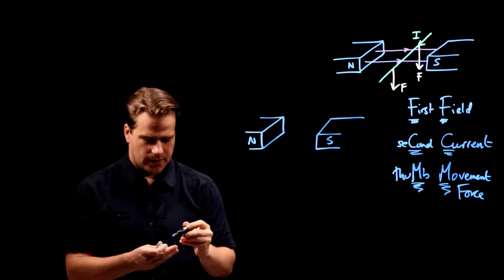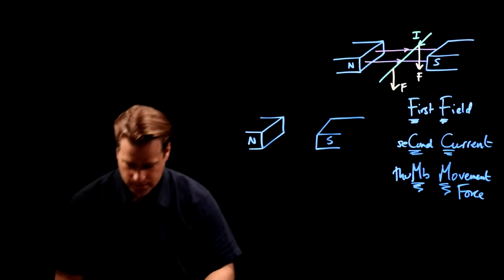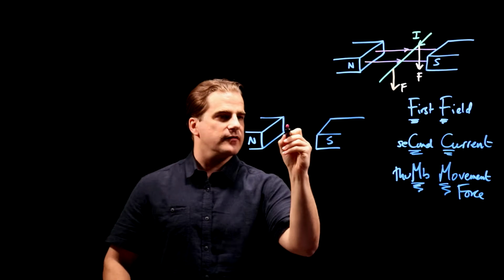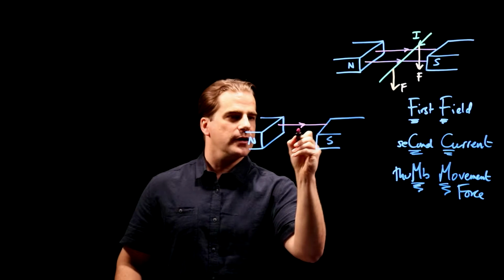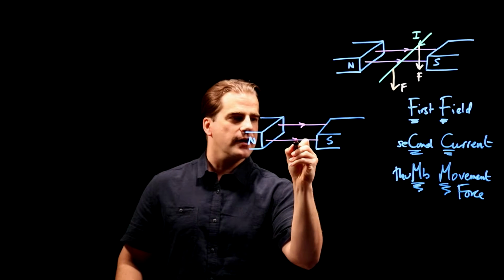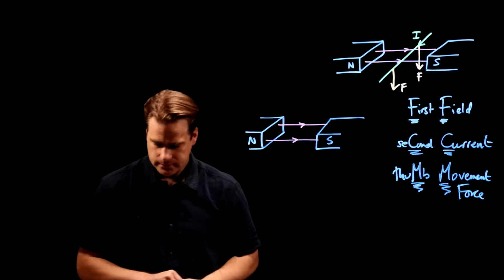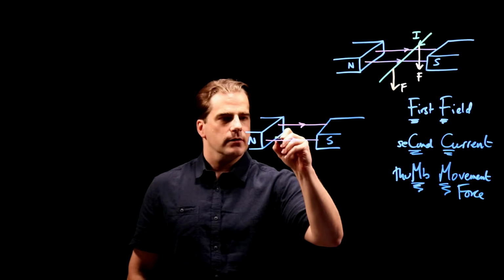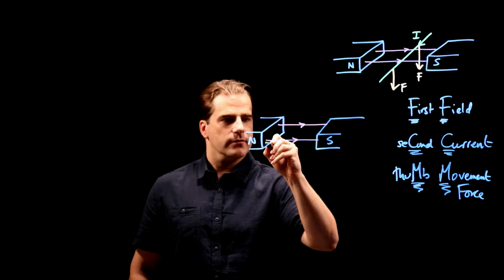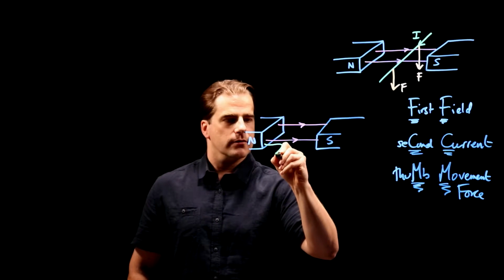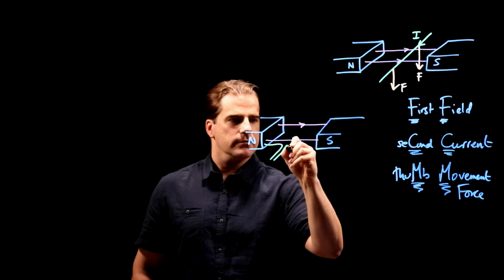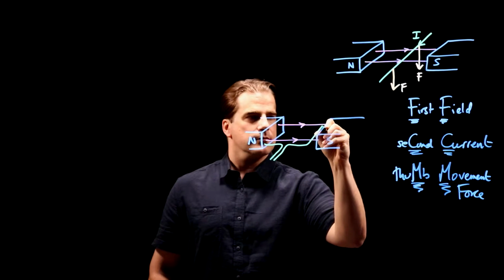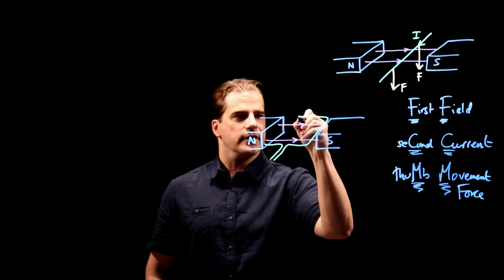Okay, so same setup. We have a magnetic field going from north to south like that, but this time we're going to have a coil of wire in the magnetic field.